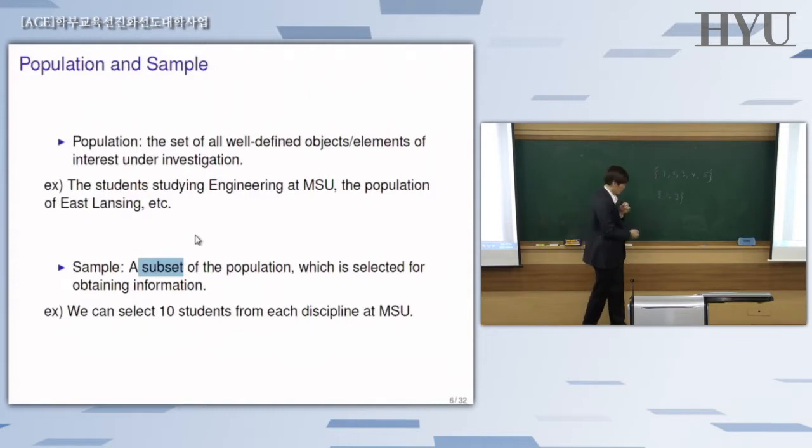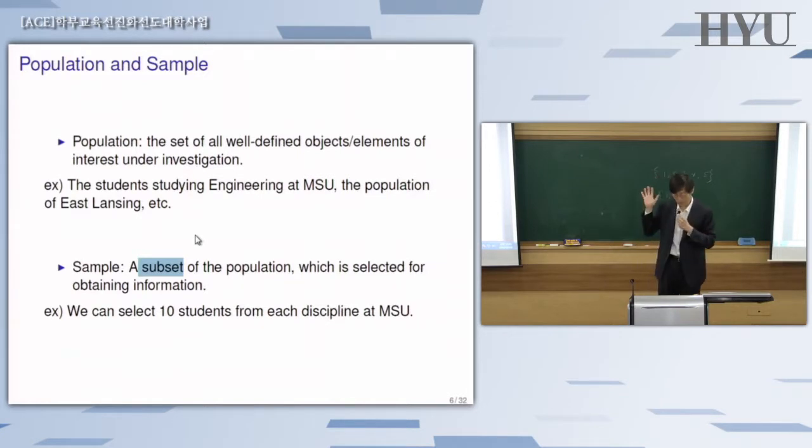So population is just a set like this one, but much bigger than just the 5 elements in it, because it must include all well-defined elements. The key word in defining population is this word: it should be everything in it. An example of a population could be all the residents in the city of Seoul.